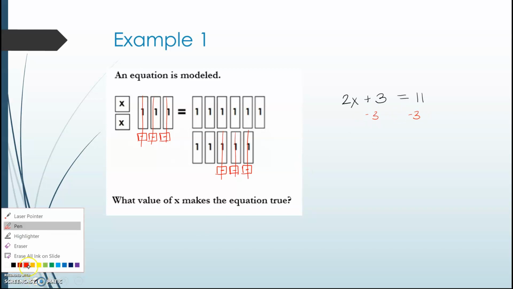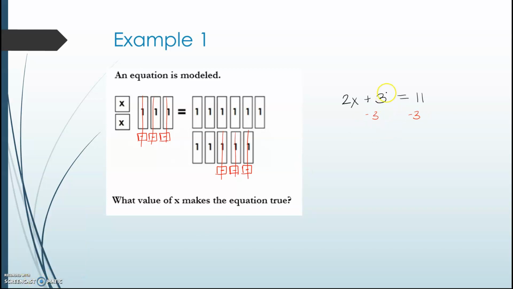Okay, so because of that, now on the left side, I still have 2x. And on the right I have 8. Now I'm going to separate these into my x's. I have 2 x's, so I'm going to count to 2 and see how many times. 1, 2, 1, 2, 1, 2, 1, 2.